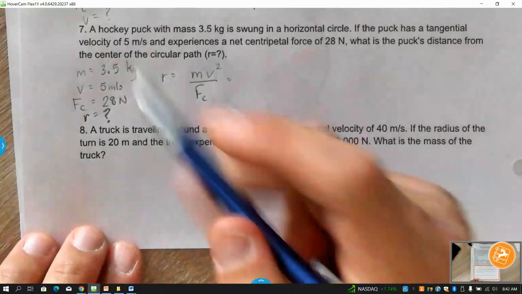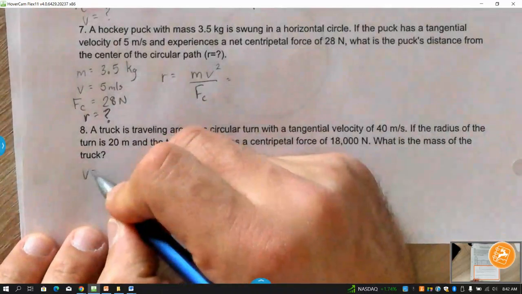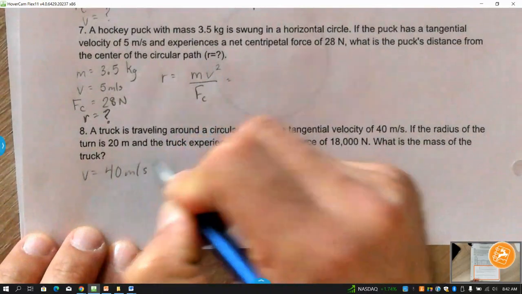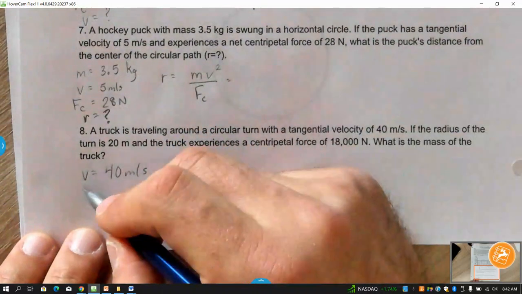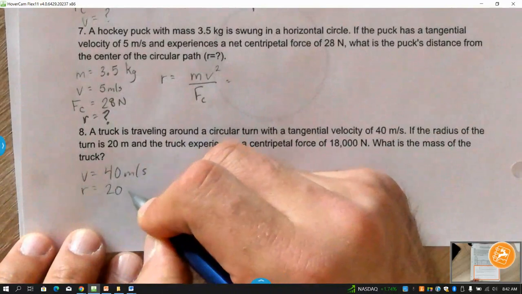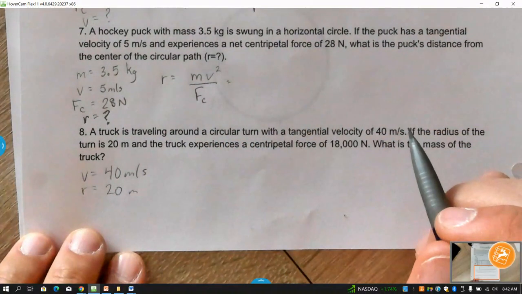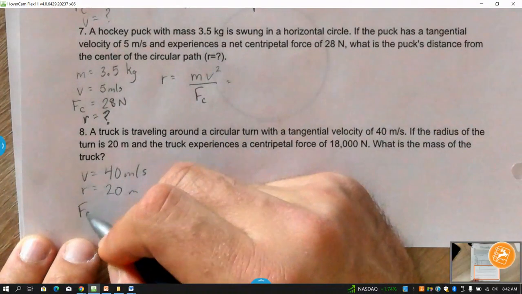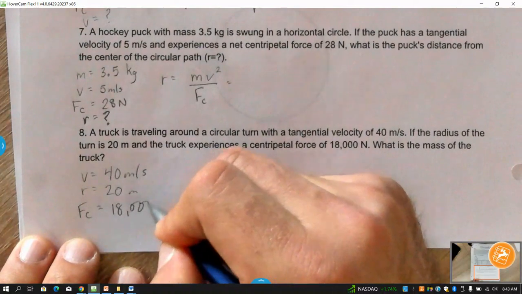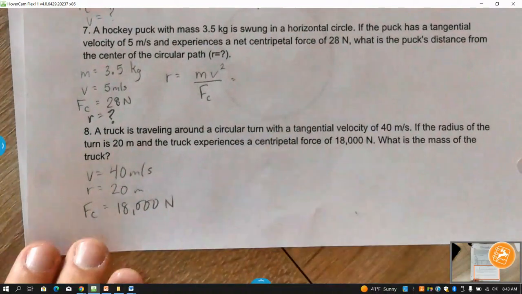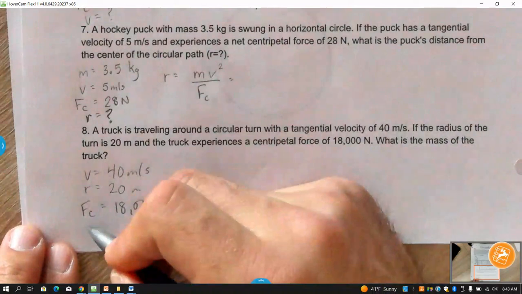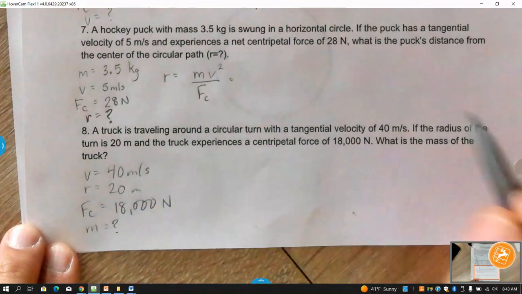All right, so let's see. We got v, 40 meters per second. We got R, 20. Centripetal force, 18,000 newtons, and mass is my question mark.